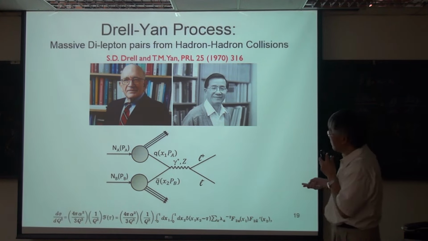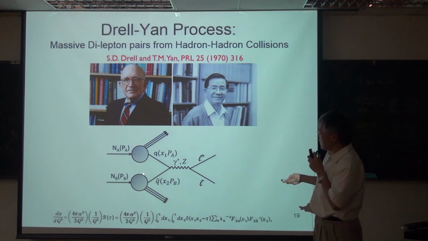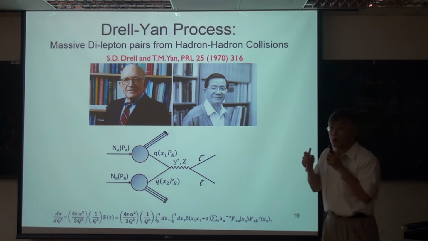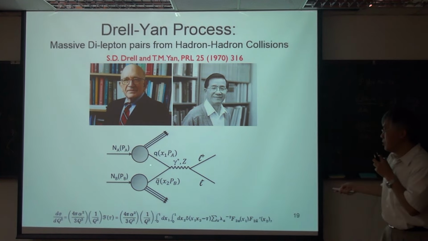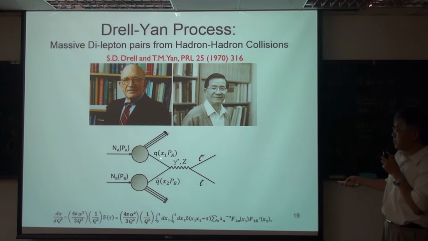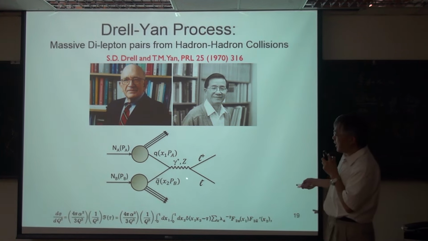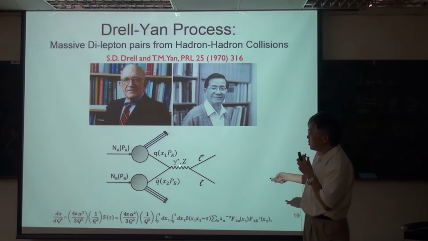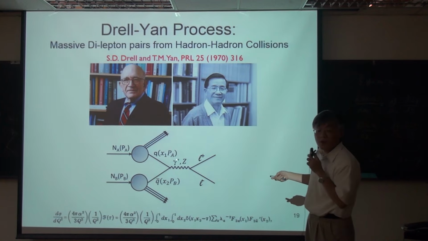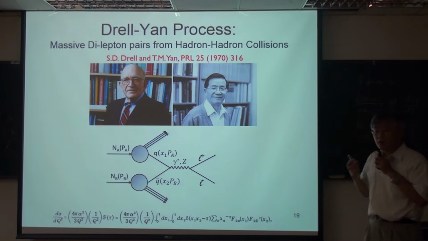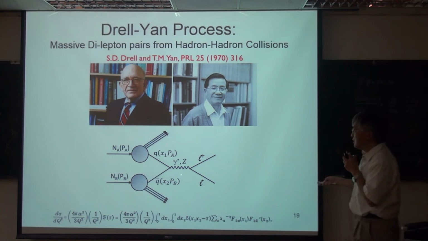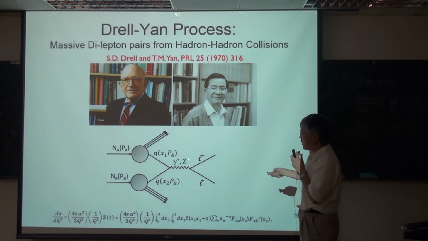Their proposal is that during the collision of two hadrons, you can view one process as the quark and antiquark annihilating into a virtual photon, or even, if the energy is high, a Z boson, and then they electromagnetically decay into a dilepton.